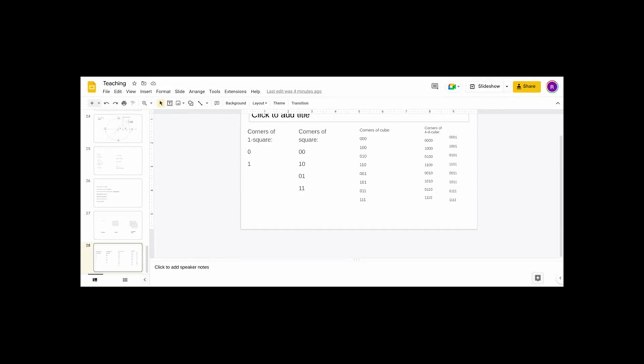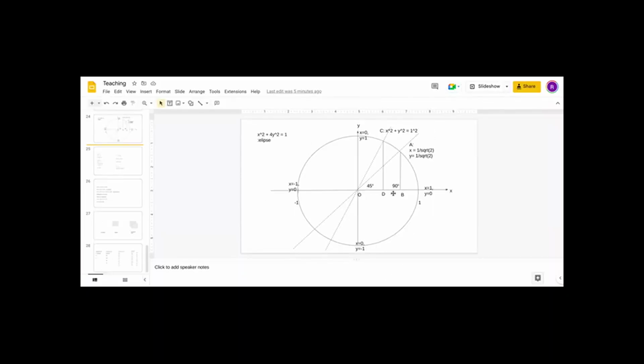When the radius is at 0 degrees, along the x-axis, what is the y coordinate of that point? So 0. Yeah.